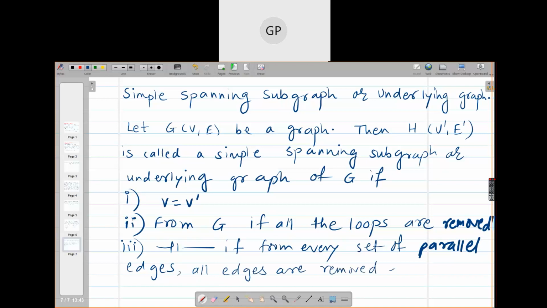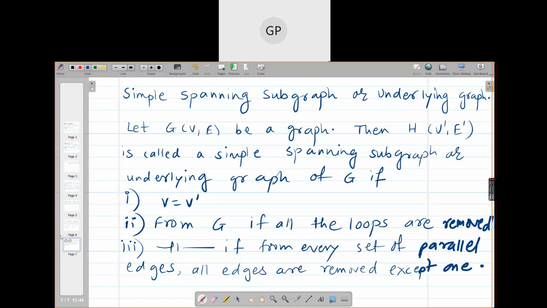So you have to keep at most one edge there. Then the graph will be a simple spanning subgraph or underlying graph.